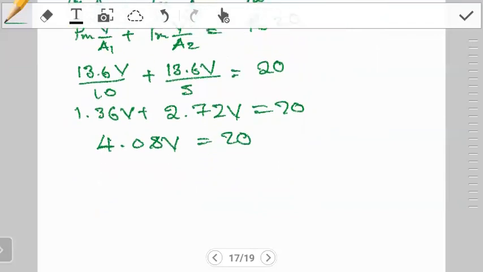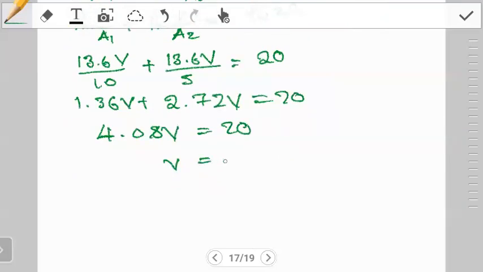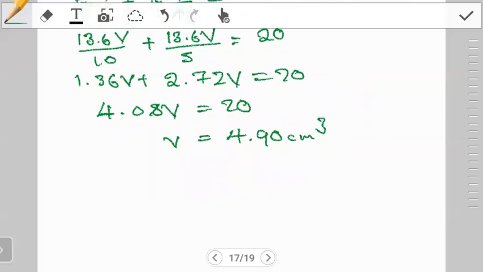Work this out for V. Divide both sides by 4.08. This reduces to give you V as 4.90 centimeter cubed. So this is the volume that gets to move down on the left arm and up on the right arm.